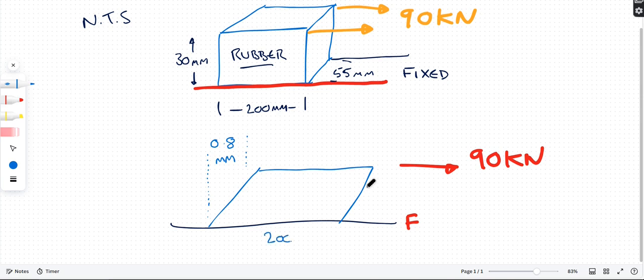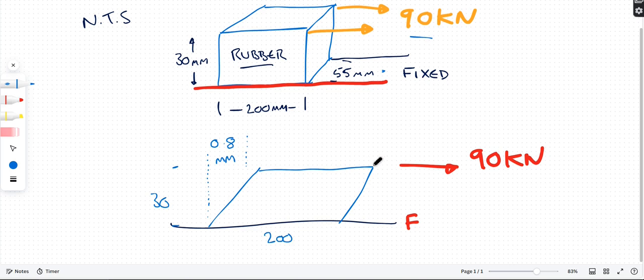So that's still 200, nothing's changing here. The height we will still assume is 30, and it's going back 55 mil. But the deformation, where it's gone on the squint, is 0.8 of a millimeter. So it's in shear, and that shear force of 90 has caused that deformation of 0.8 millimeters.